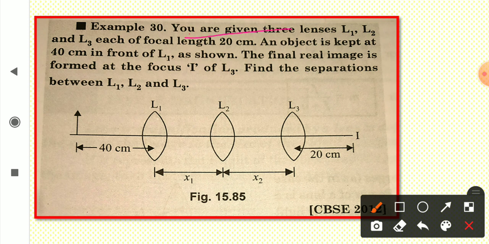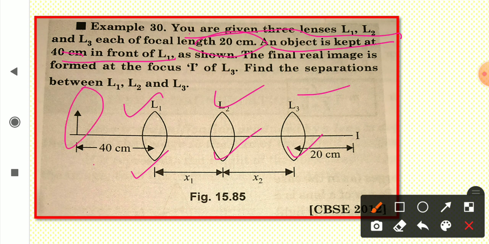You are given 3 lenses L1, L2 and L3, each of focal length 20 centimeter. An object is kept at 40 centimeter in front of lens L1, as shown in figure.